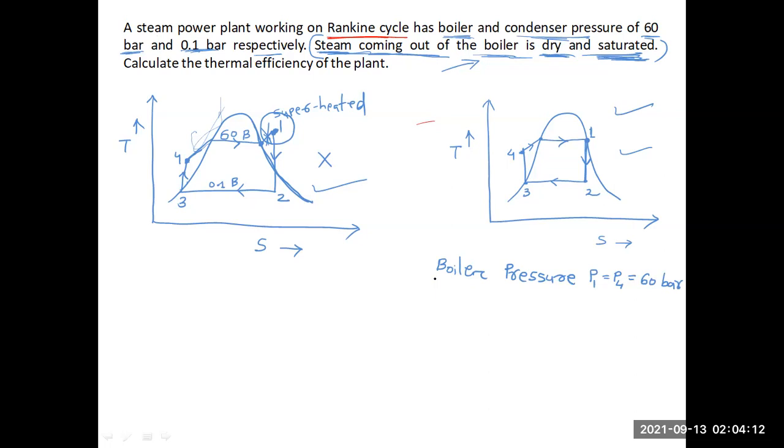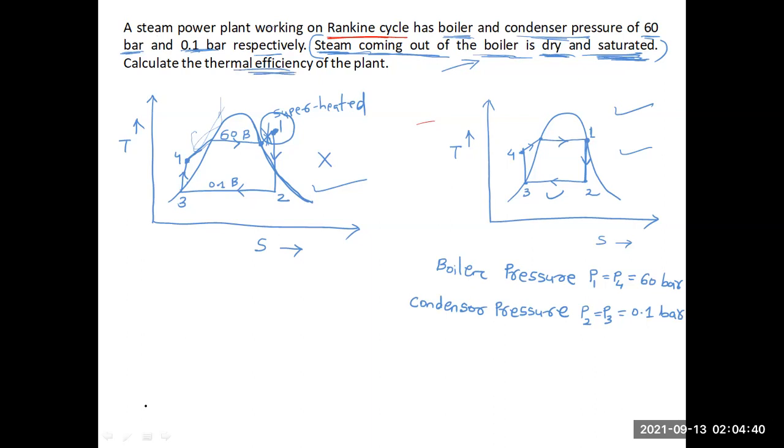And the condenser pressure means this one, P2 equal to P3. P2 equal to P3 equal to 0.1 bar. Okay, so these two pressures are given and we have to calculate the thermal efficiency of the plant.